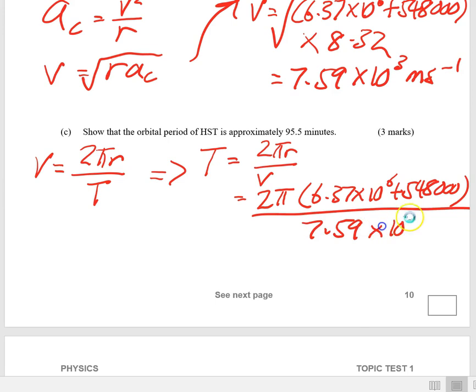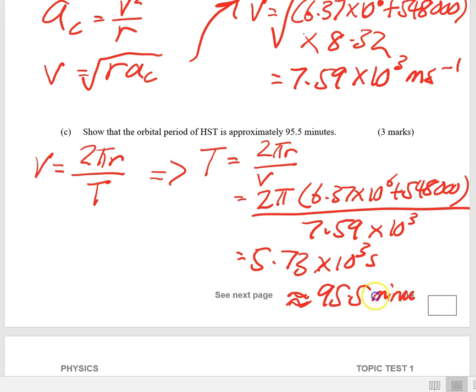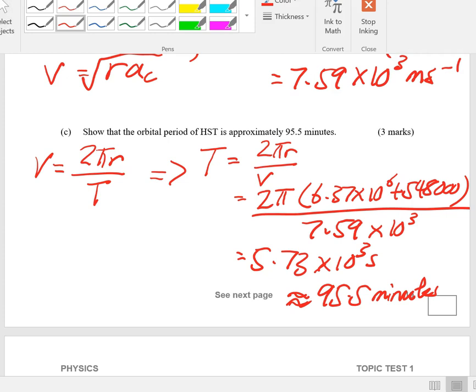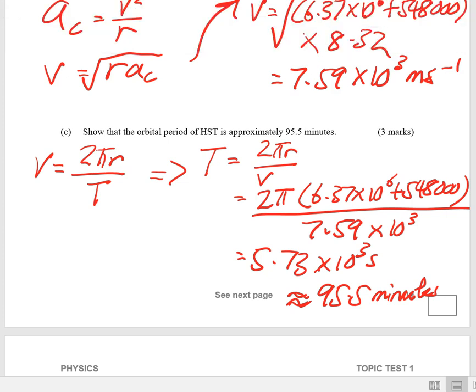The answer that I have here, use your calculator. This is in SI units. If you want to follow the question, show that it's in minutes. I'll leave it for you to do. I'm pretty sure you know how to convert. So it is approximately 95.5 minutes. Just do it slowly and carefully. Now we'll move on. I think there's one more question.